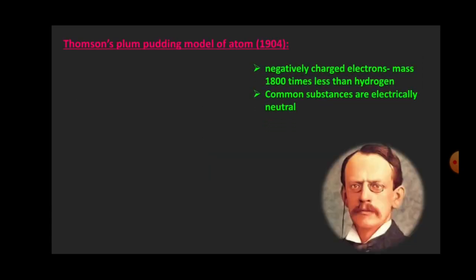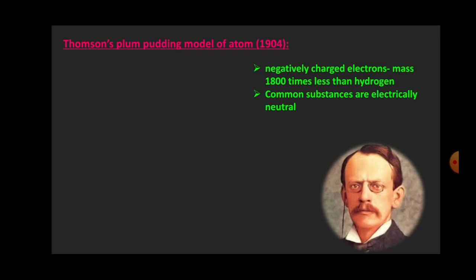Then there is another scientist whose name was Thomson, and he gave Thomson's plum pudding model of the atom. So he compared the structure of the atom with the pudding, right? Now according to him, the negatively charged electrons have a mass which is 1800 times less than hydrogen, right?